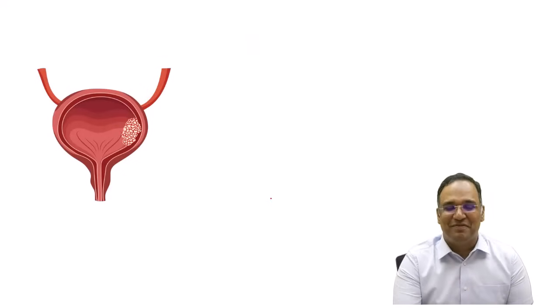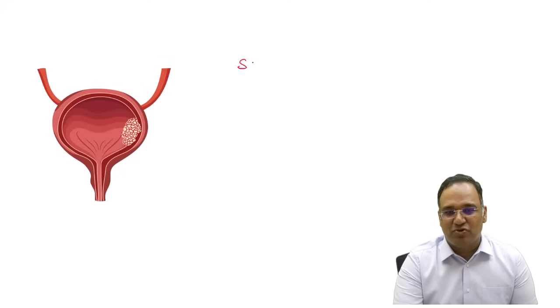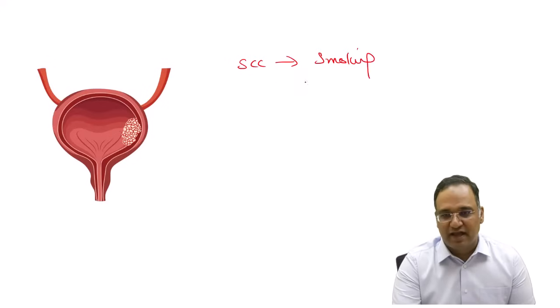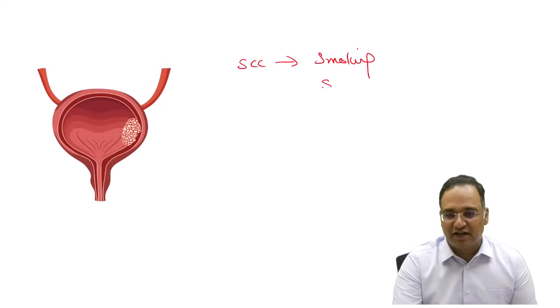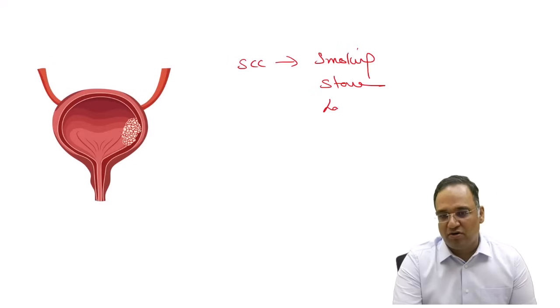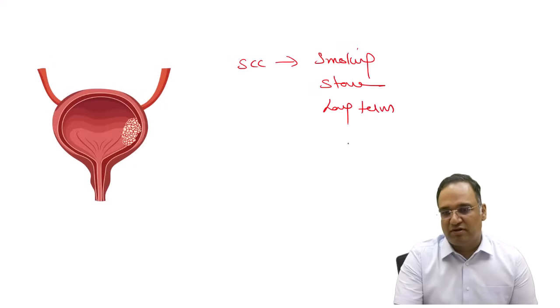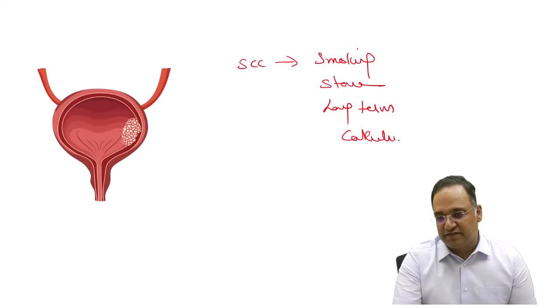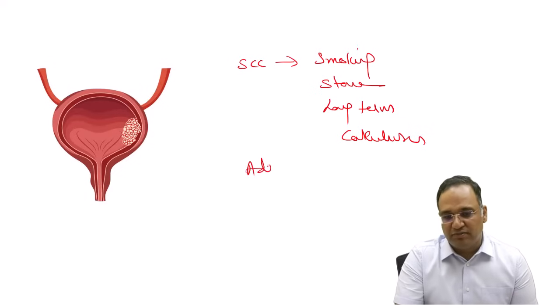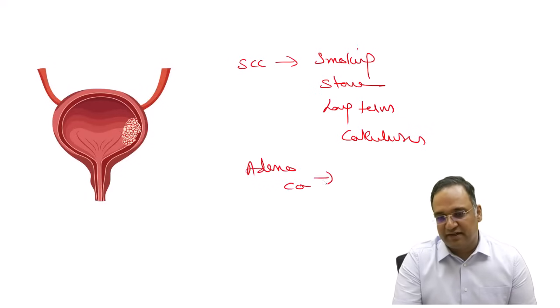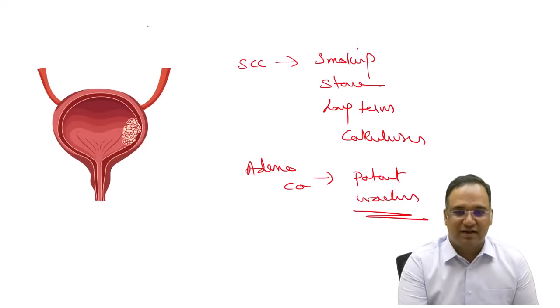The next is squamous cell carcinoma, more commonly seen in smokers and in patients with chronic irritation like stone disease and long-term catheterization. Adenocarcinoma of the bladder is a rare cancer, which can be seen in patent urachus. Is that okay for all of you? So it's about bladder cancer.